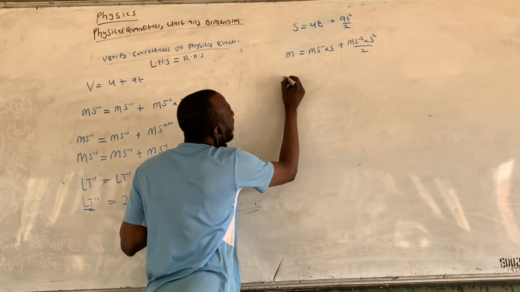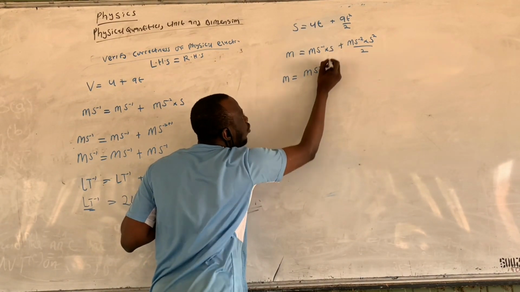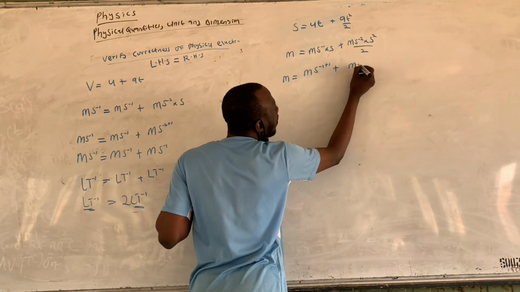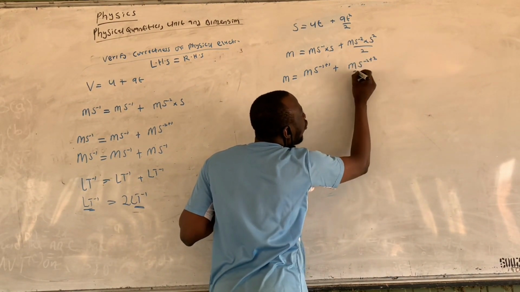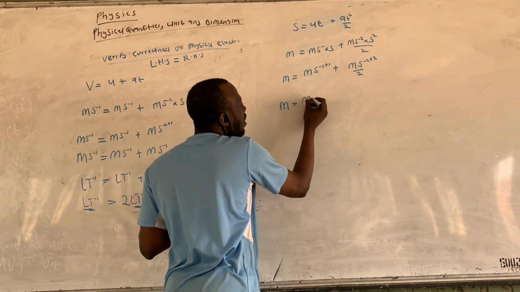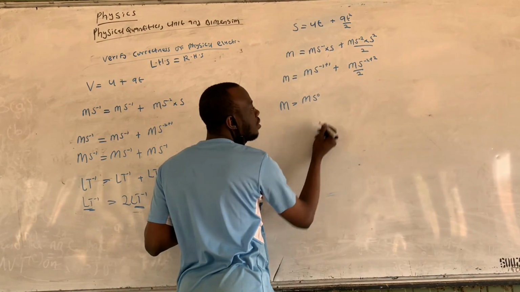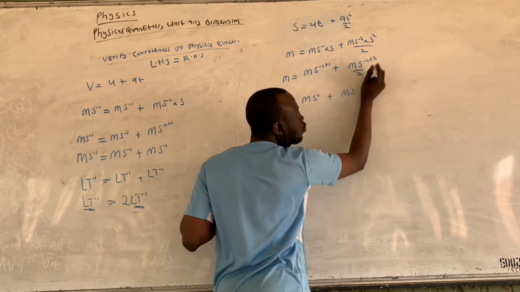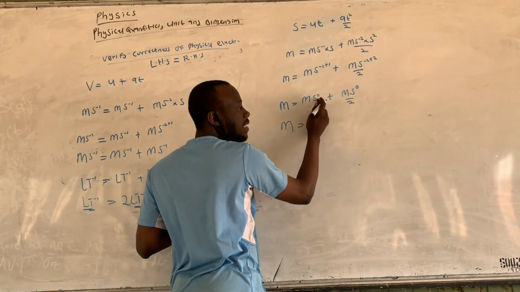Here we have meter equals meter, seconds to the power minus 1 plus 1, plus meter seconds to the power minus 2 plus 2, over 2. So you have M to the power 1, and T to the power 0 is 1.